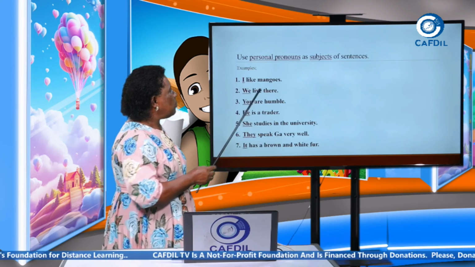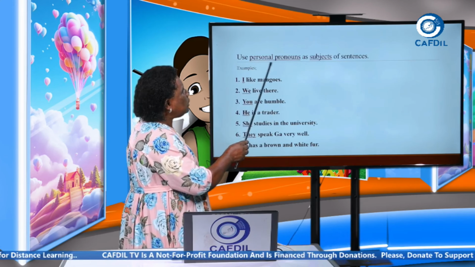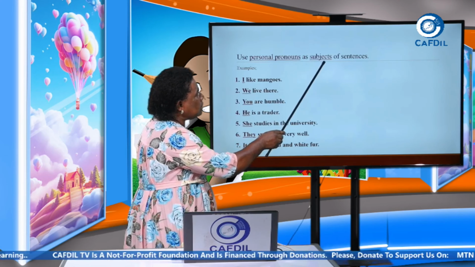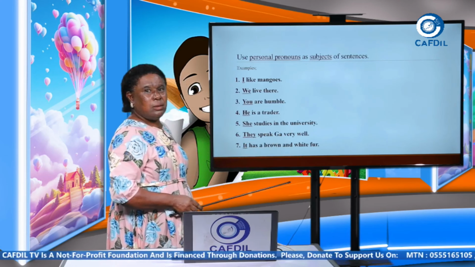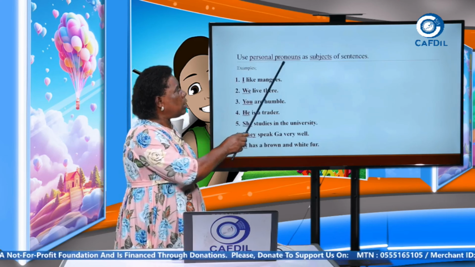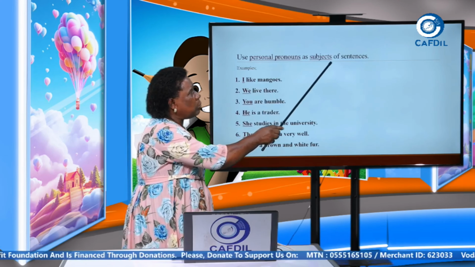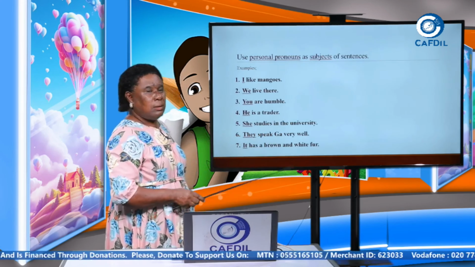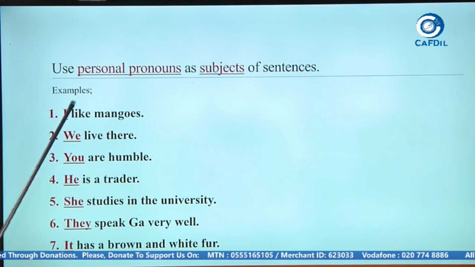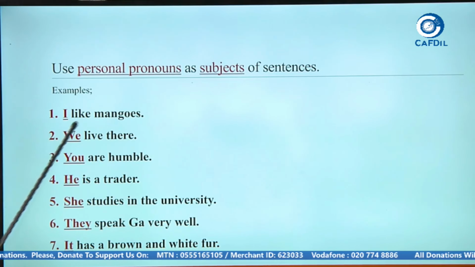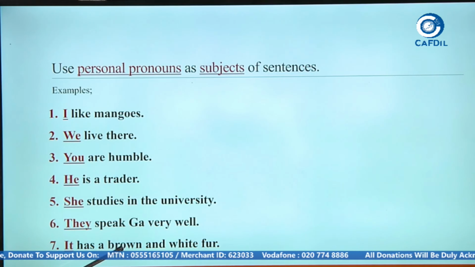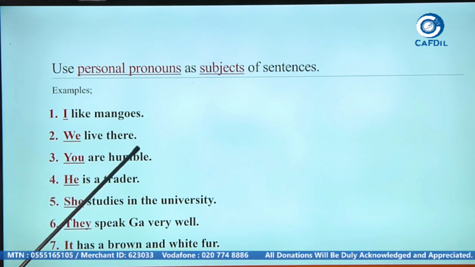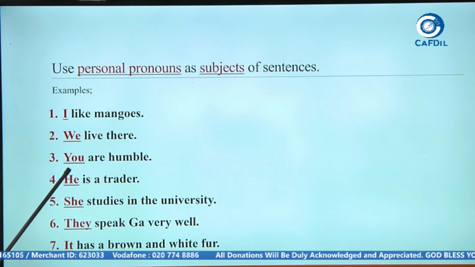Now let's see some examples. Use personal pronouns as subject of the sentence. Examples. 1. I like mangoes. 2. We live there. 3.